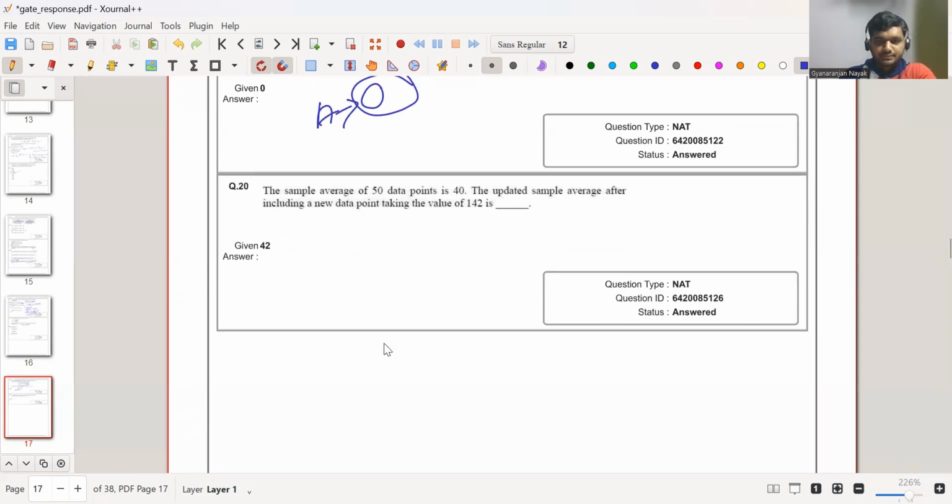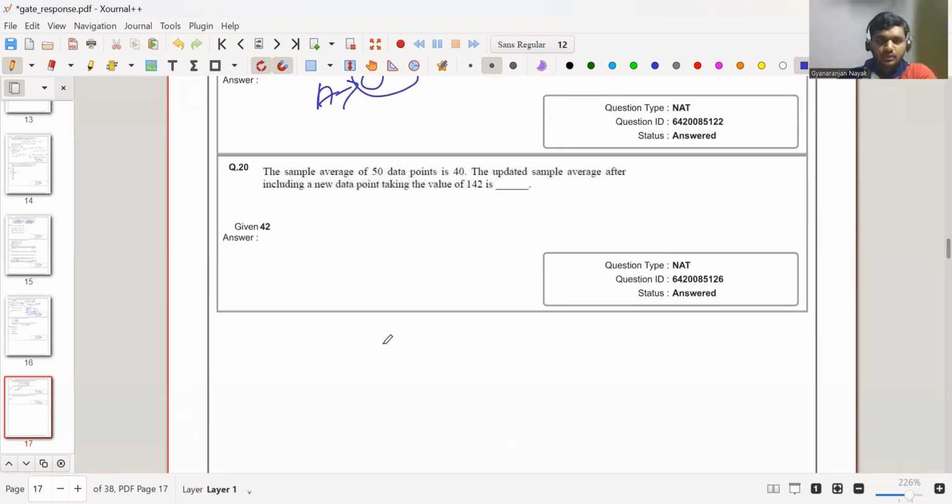So next, okay, the sample average of 50 data points is 40. Okay, it is given that the 50 data points' average is 40. So the total is 50 into 40, that is 2000.